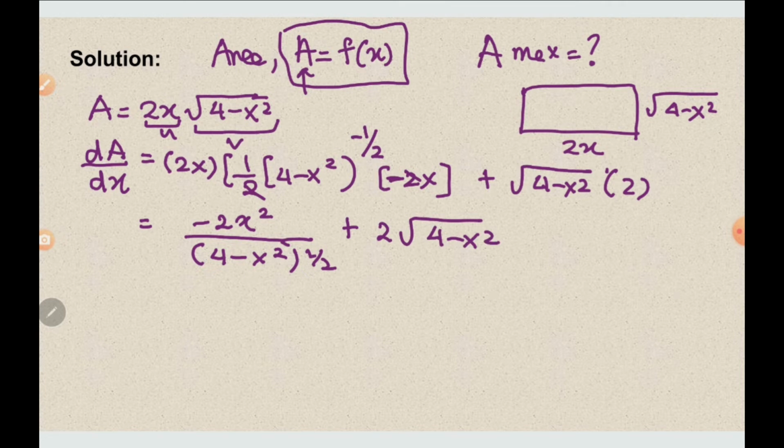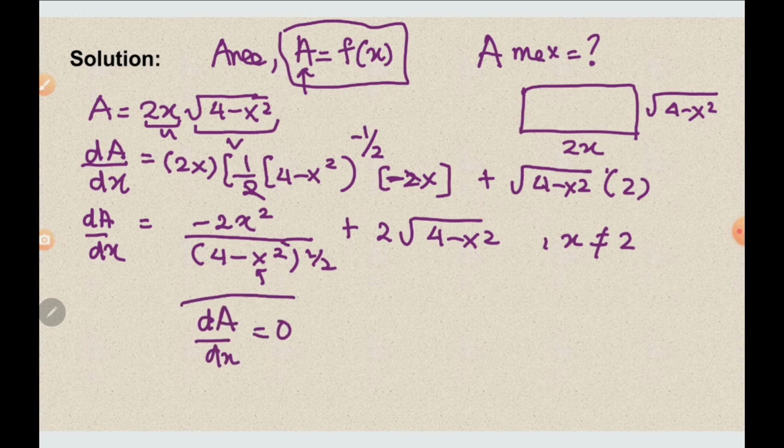Okay, then you have to know that for this function x cannot equal to 2. Okay, x cannot equal to 2. To get the maximum area, dA/dx must equal to 0. So dA/dx must equal to 0 to get the maximum area.